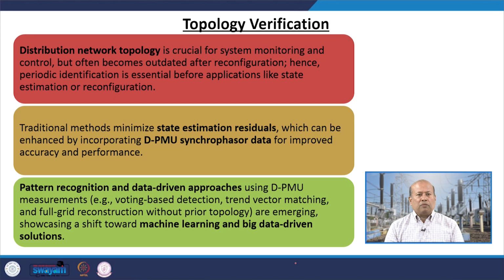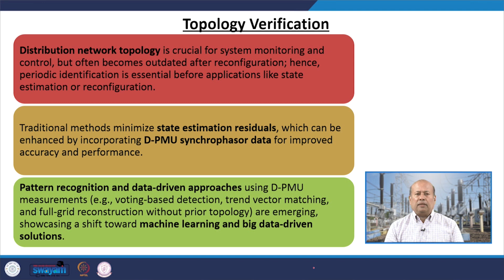Now, moving to topology verification. Distribution network topology is crucial for system monitoring and control, but often becomes outdated after reconfiguration, and hence periodic identification is essential before applications like state estimation or reconfiguration. Traditional methods minimize state estimation residuals, which can be enhanced by incorporating D-PMU synchrophasor data for improved accuracy and performance.